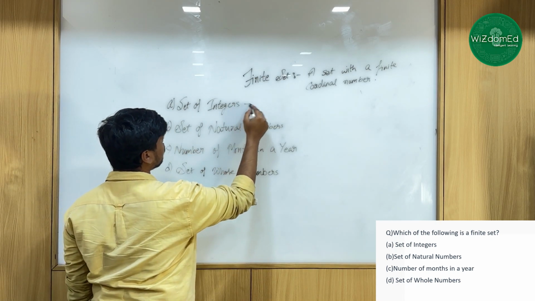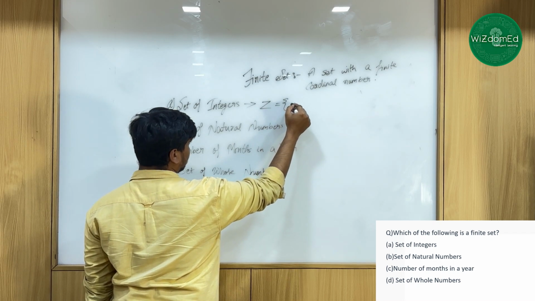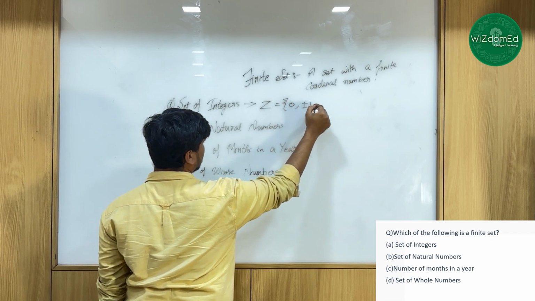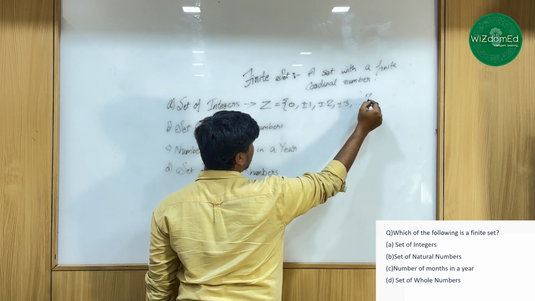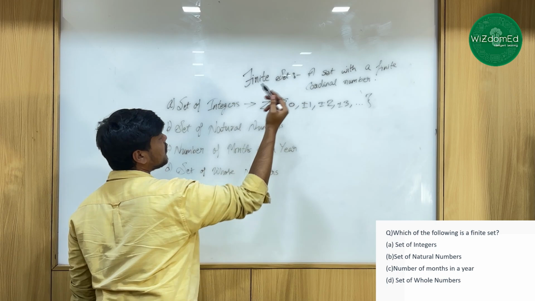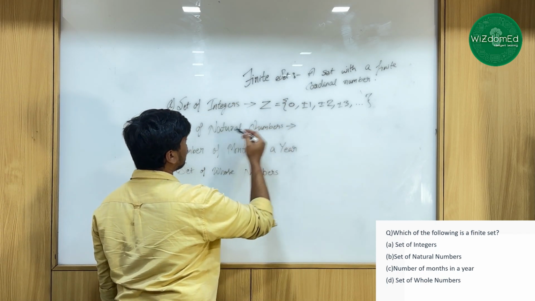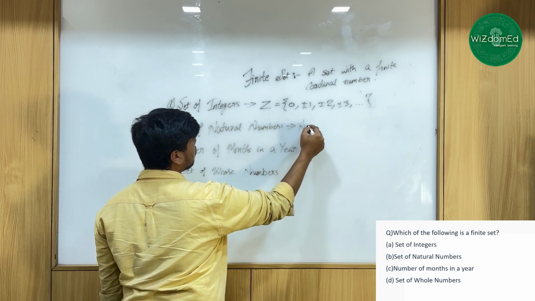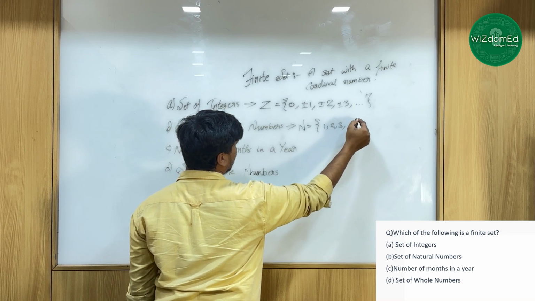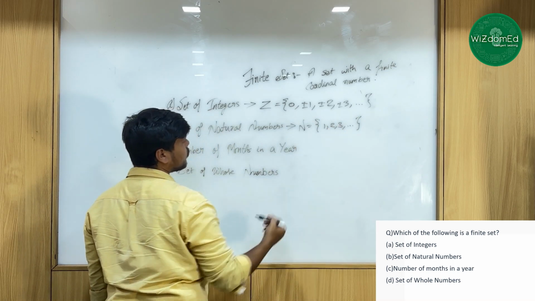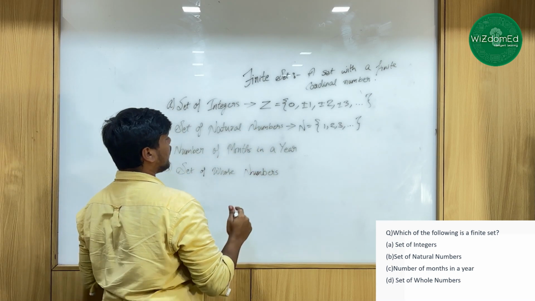If we take a look at the first option, the set of integers, we know the set of integers is 0, plus or minus 1, plus or minus 2, plus or minus 3, and it goes on till infinity, which means it has infinite elements. So it would be an infinite set. If I take a look at natural numbers, the set of natural numbers is 1, 2, 3, and so on till infinity. Again, the natural numbers would have infinite elements in it. That would make it an infinite set.